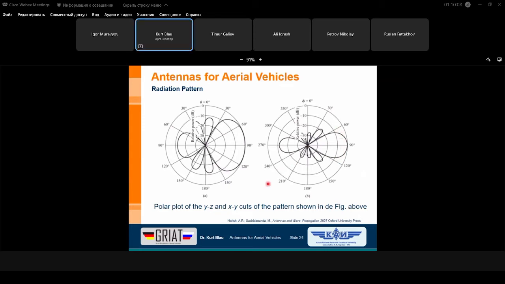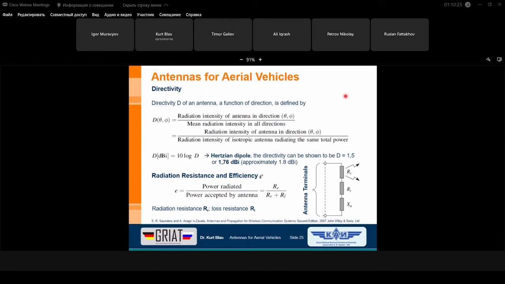And the term, whether you speak about elevation or azimuth, depends on the mounting situation of an antenna.